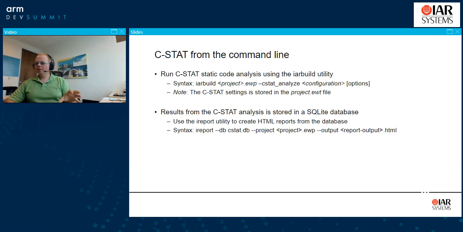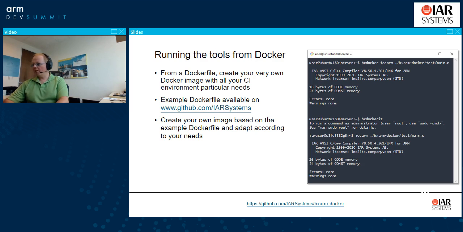The C-STAT settings are stored in the project.ewt file, and the results, as I mentioned, go into that SQLite database, but you can also produce an HTML output as well, which makes life a little bit easier.